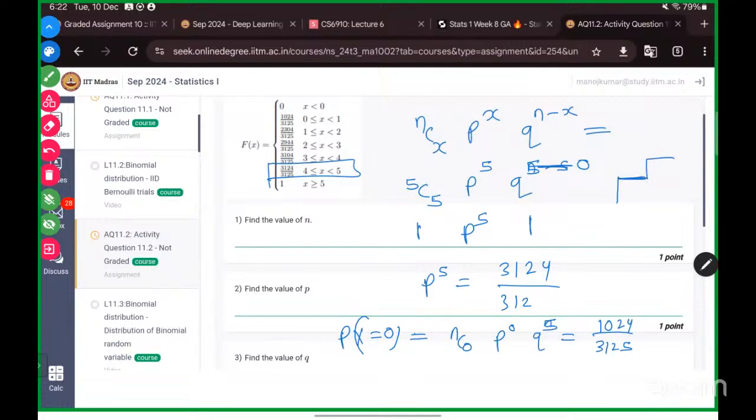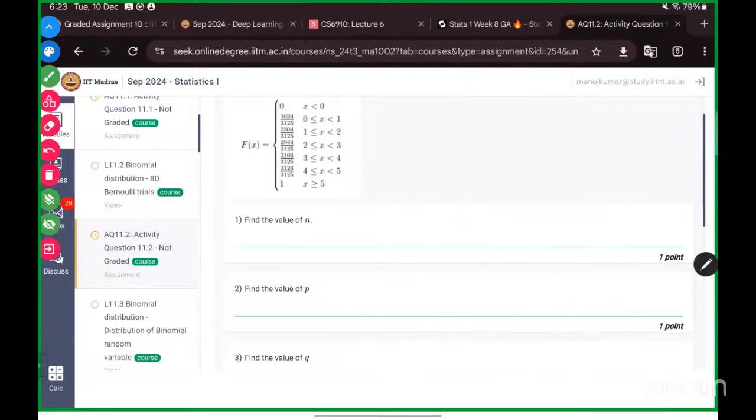This would be right. From this, you can say q is... Okay, sorry.